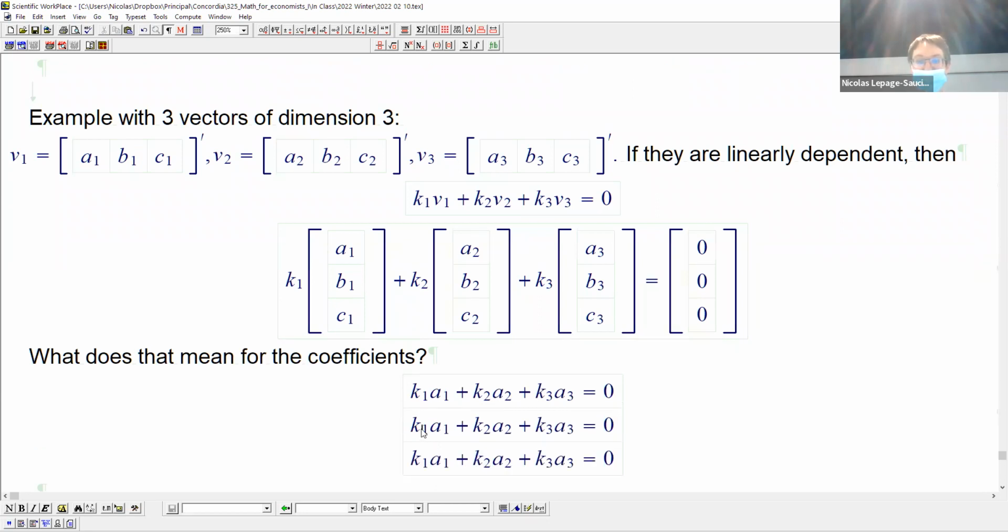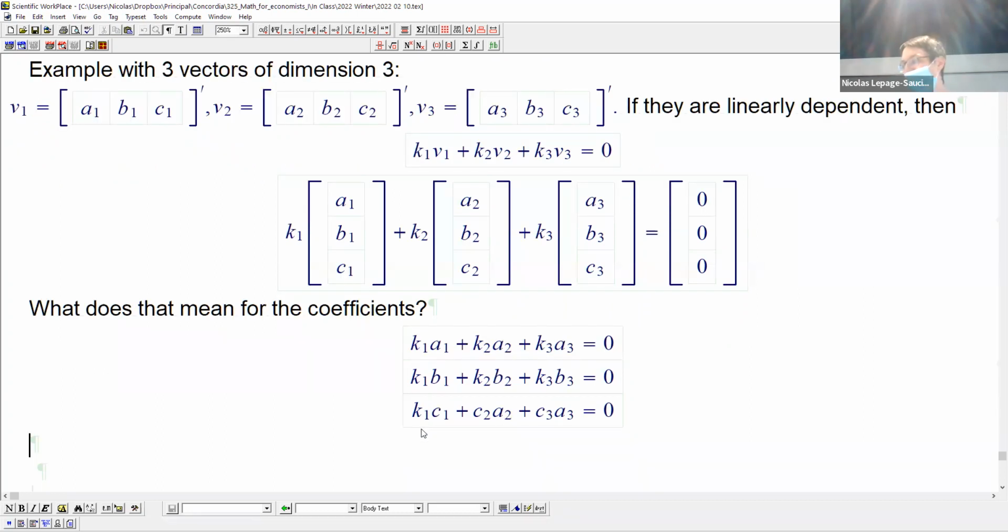And then the second equation is with the B's, and then the third equation with C. Okay, so now what we want to do is to get rid of these.